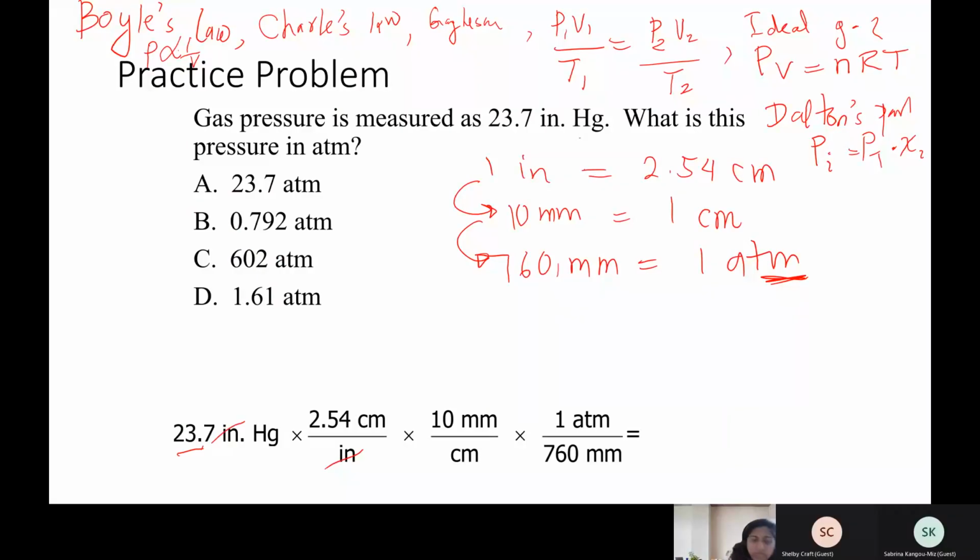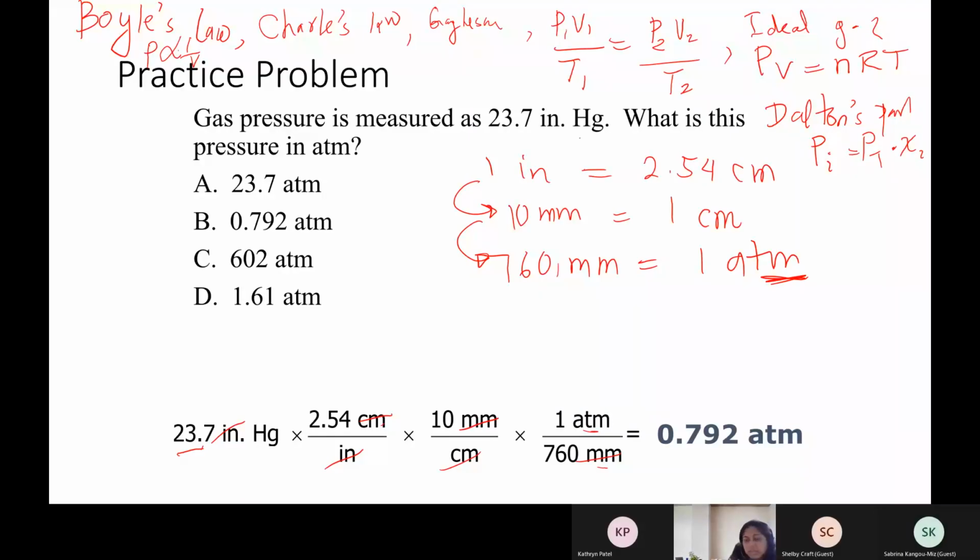Inches cancel out, and then centimeters cancel out. We get the relationship between the centimeters and the millimeters, and then between the millimeters and the atm. So you'll get the answer in atm.